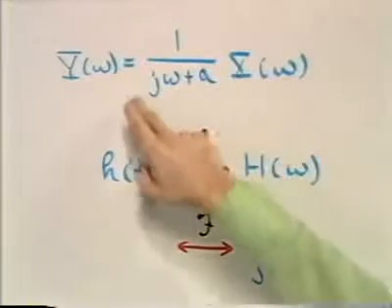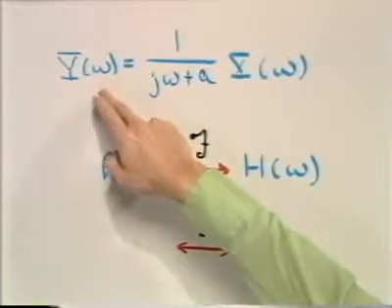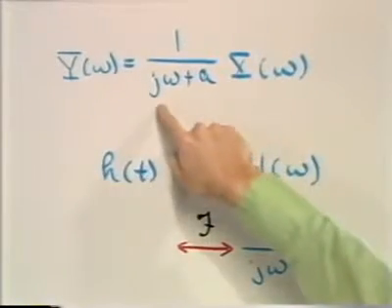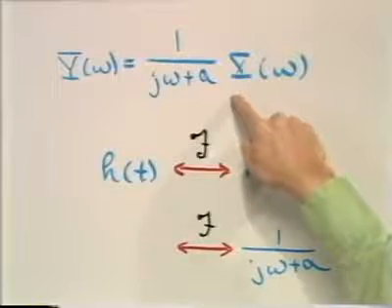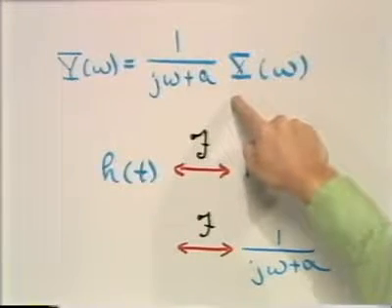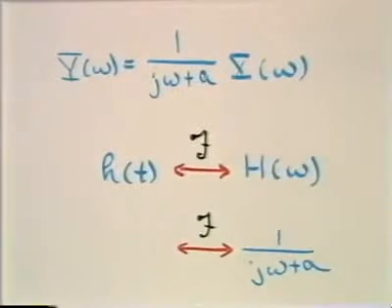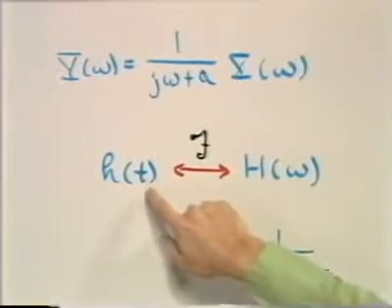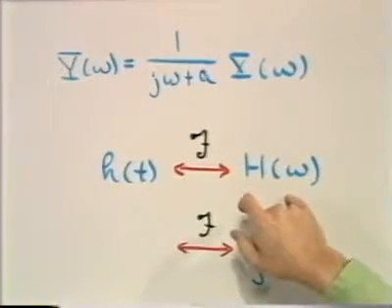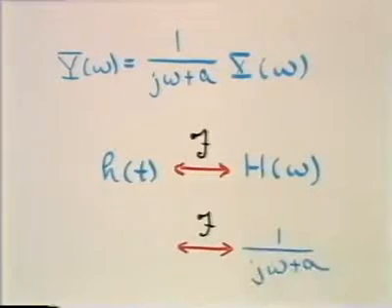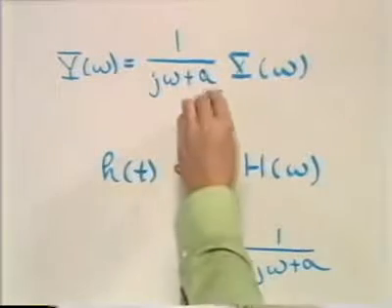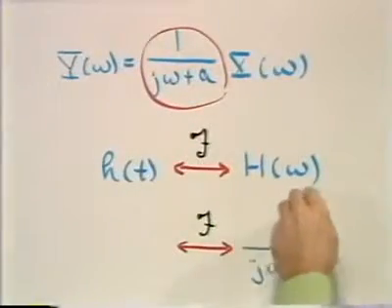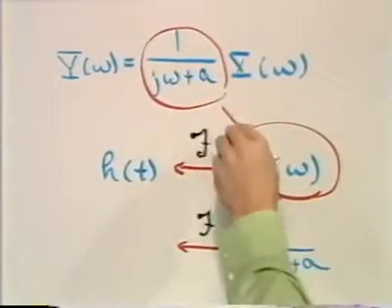Well, we know that the Fourier transform of the output is the Fourier transform of the input times the Fourier transform of the impulse response of the system, namely the frequency response. So in fact, if we think of h of t and h of omega as a Fourier transform pair, then it's the convolution property that lets us equate this term with h of omega.